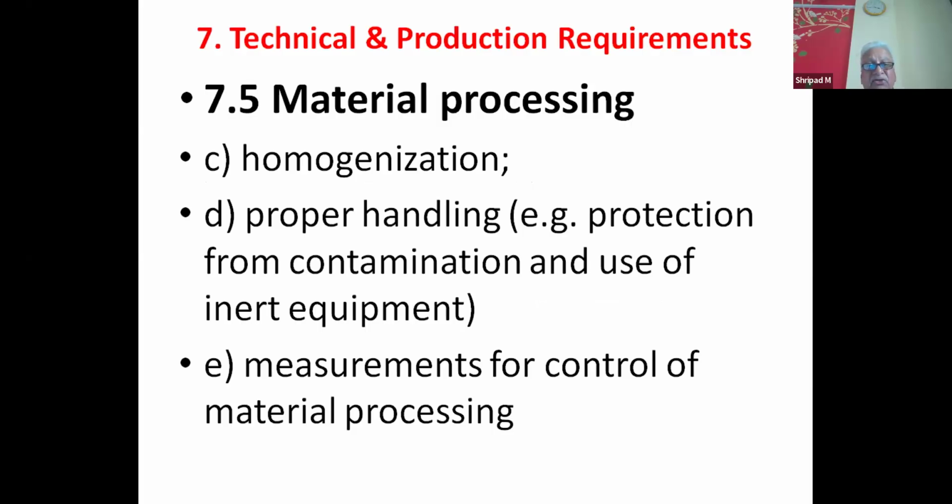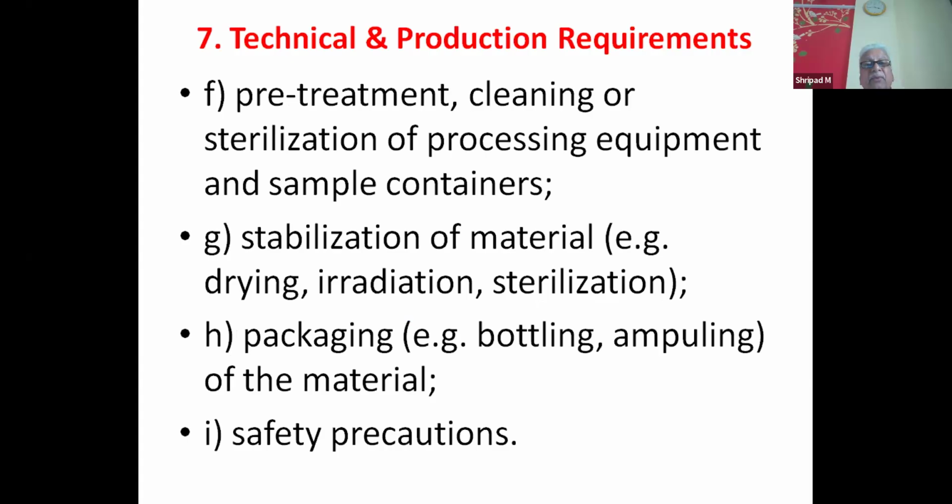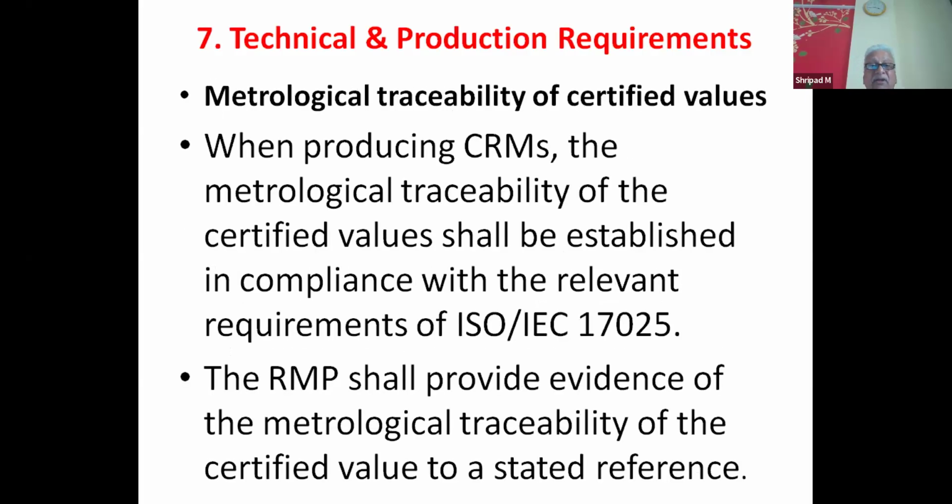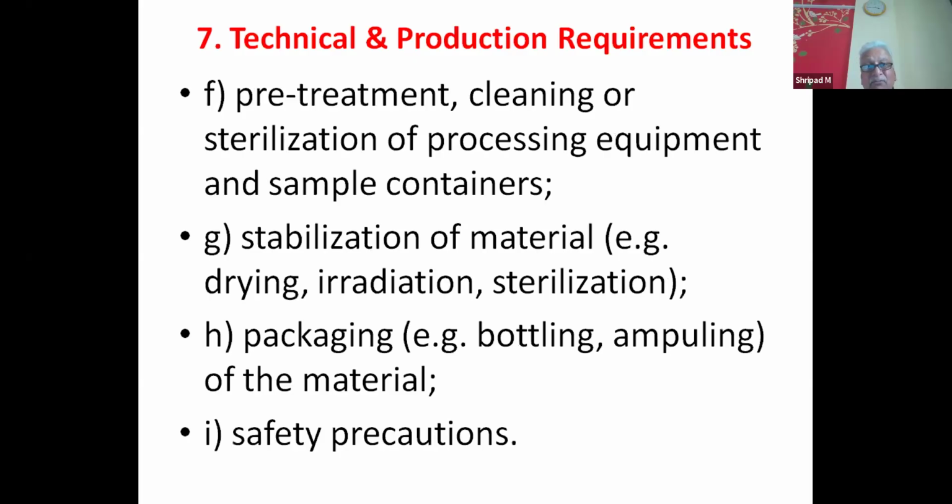Then your homogenization, proper handling, measurement of control of material processing, pre-treatment if required, cleaning or sterilization, processing equipment, stabilization, packaging, safety precaution. All these are whatever the processes involved in that activity, you need to follow that.